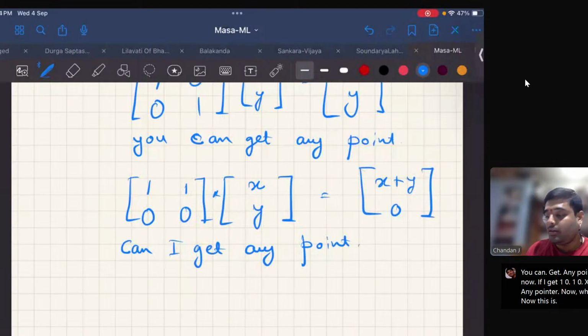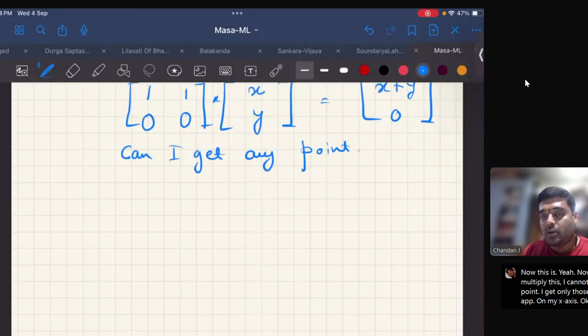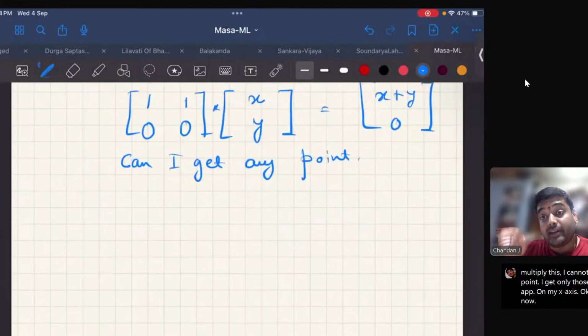Now when I multiply this, I cannot get any point. I get only those points that are on my x-axis. Now, let me write it in one more way.